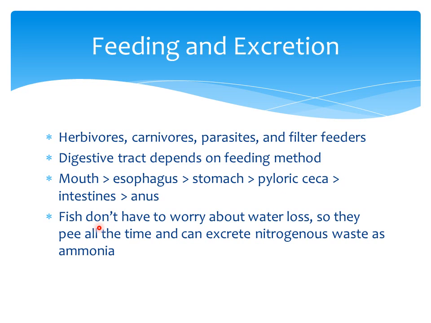We don't really have this pyloric ceca so much. And for excretion, fish don't have to worry about water loss because they live surrounded by water, so they can pee anytime. They don't have to worry about getting dehydrated, and they can excrete their nitrogenous waste. Nitrogen builds up in our bodies and we have to get rid of it because it can hurt all vertebrates if you have too much of it.